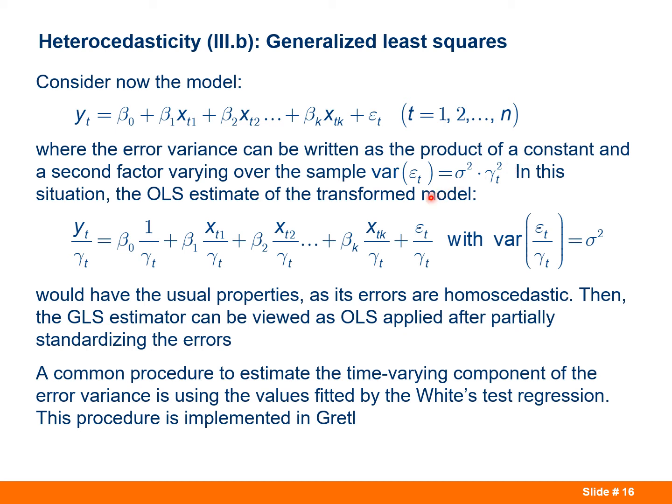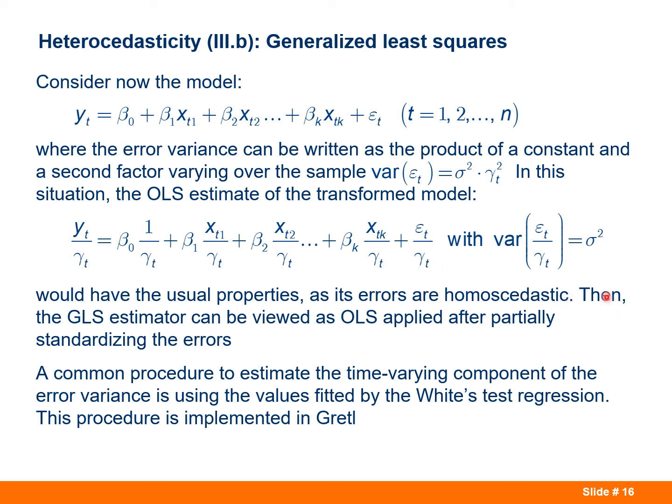In this model, the error will have a constant variance. So the OLS estimates will have the standard properties, and you will be able to apply the standard hypothesis testing with no problem at all. Therefore, we can see GLS as OLS applied after partially standardizing the error model.